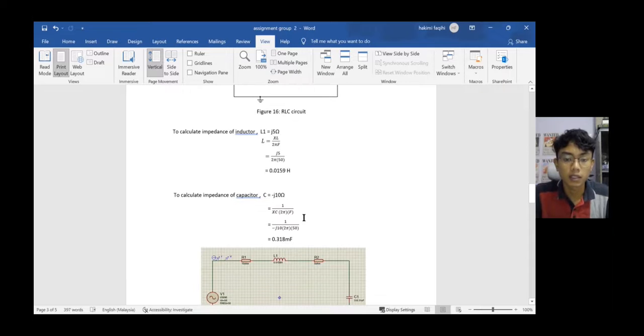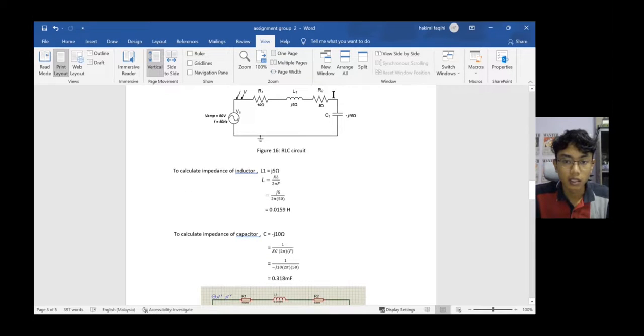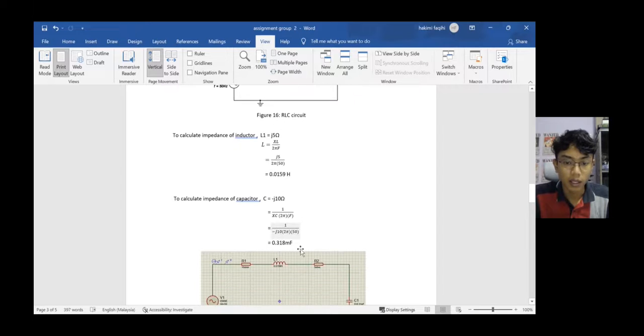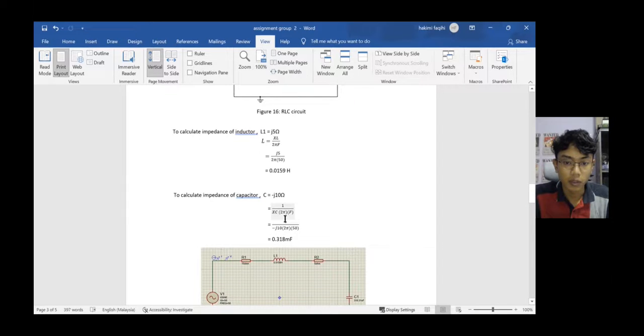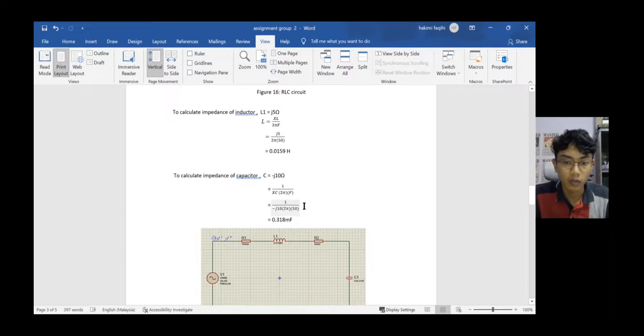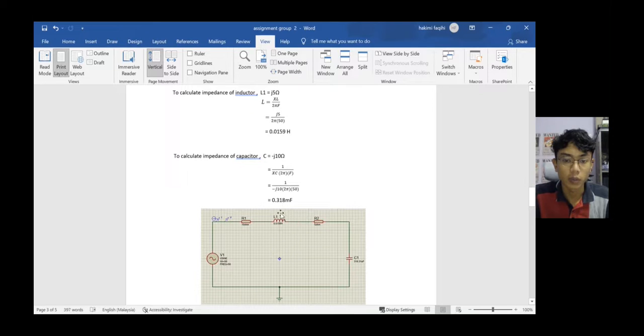Okay, for the capacitance it is negative j10 ohm, and then we put into the formula, 1 over XC multiplied by 2 pi and multiplied by F. So 1 over negative j10 multiplied by 2 pi and multiplied by 50. So we get 0.318 millifarad.